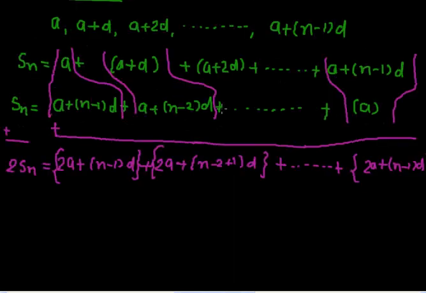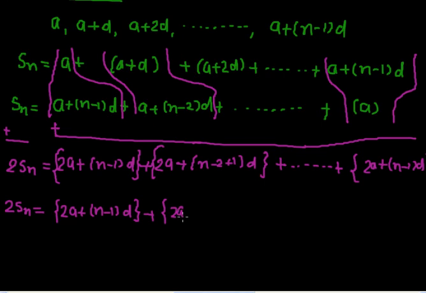Now students, see what we have. We have twice of Sn is equal to, firstly, 2a plus (n minus 1) into d. We cannot solve it further because a and d are unlike terms.